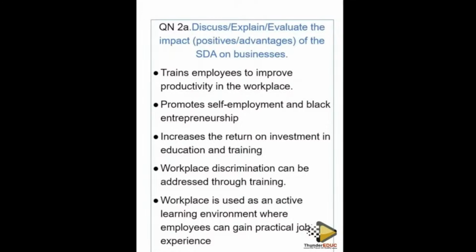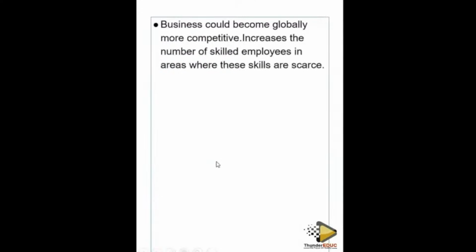So now moving on, we have businesses could become globally more competitive, and an increase in the number of skilled employees in areas where these skills are scarce. Okay, so the moment businesses issue out Skill Development Act training to their employees, it means that these employees will be equipped with knowledge or skills, and now they can even produce goods and services using the latest technology.